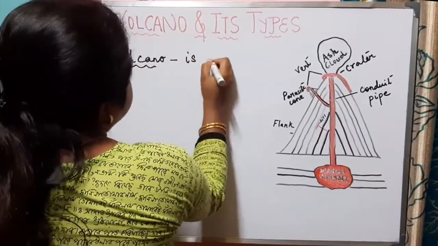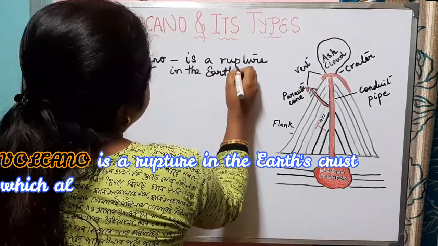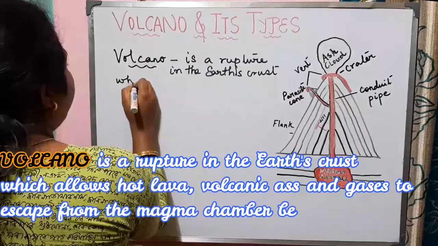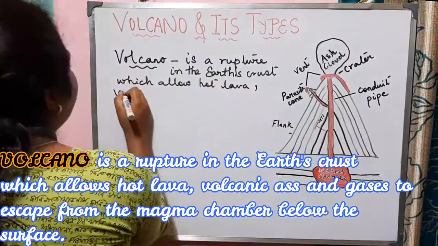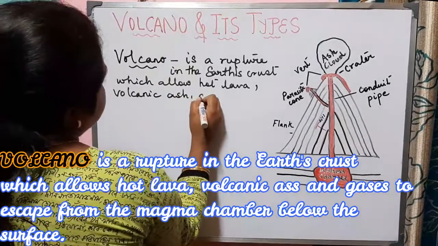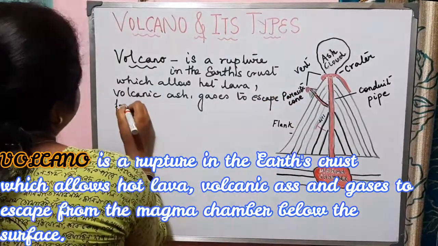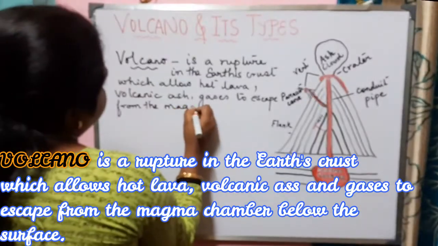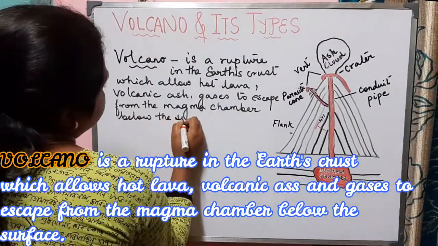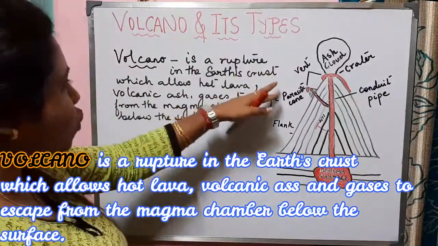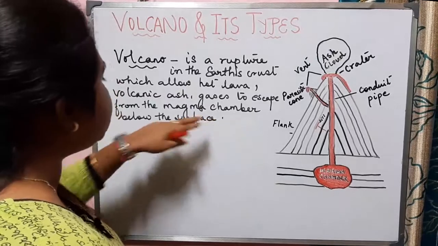A volcano is a rupture in the Earth's crust which allows hot lava, volcanic ash and gases to escape from the magma chamber below the surface.